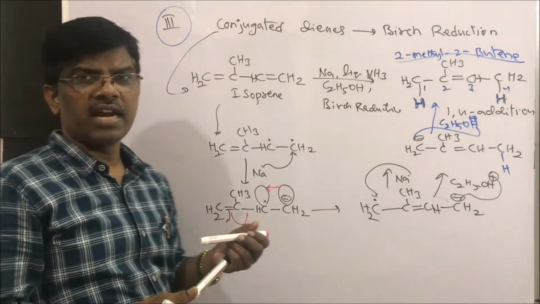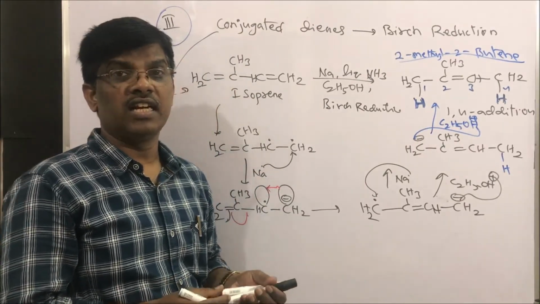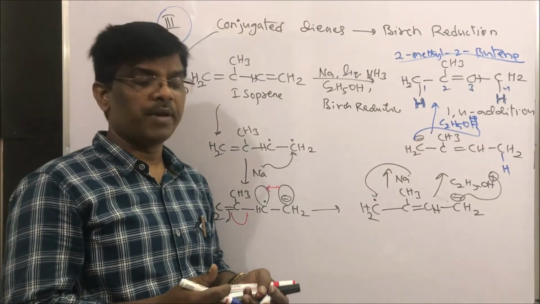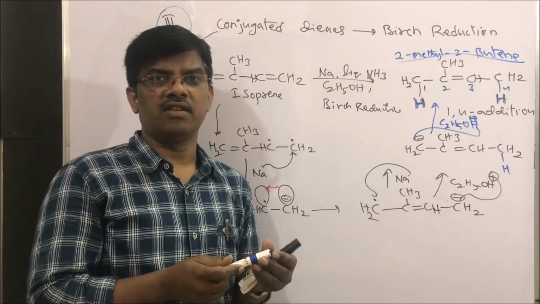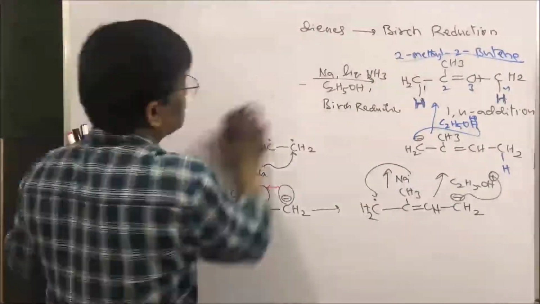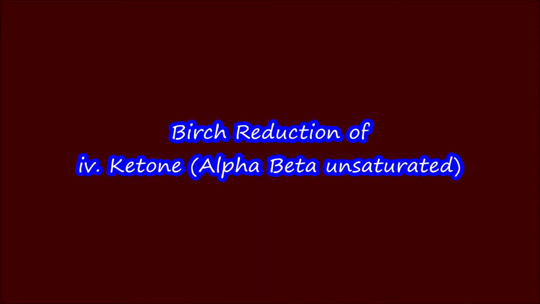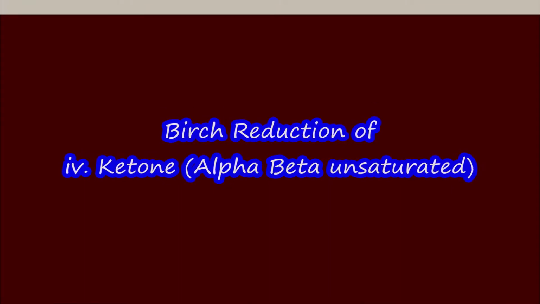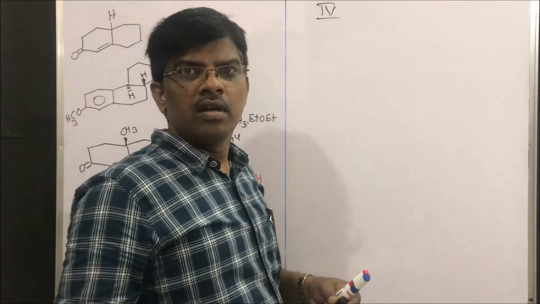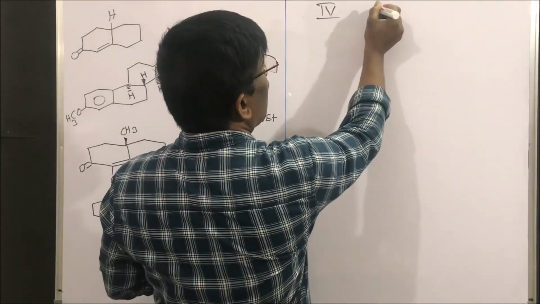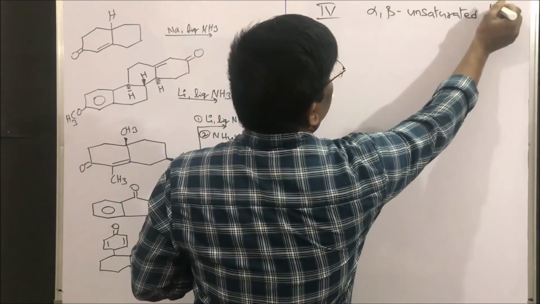So what is the fourth category? What I have said? Yes, alpha beta unsaturated ketones. It is a very important topic students. Let us see alpha beta unsaturated ketones under Birch reduction. What is going to happen? Yes students, the fourth category of compounds which undergo Birch reduction are alpha beta unsaturated ketones.